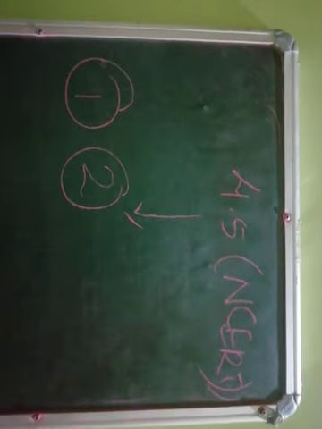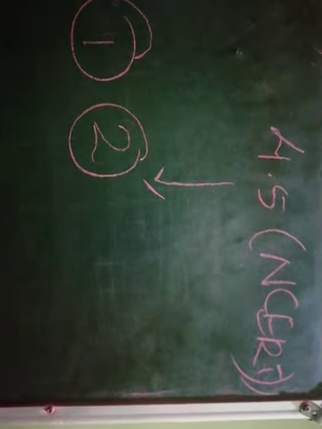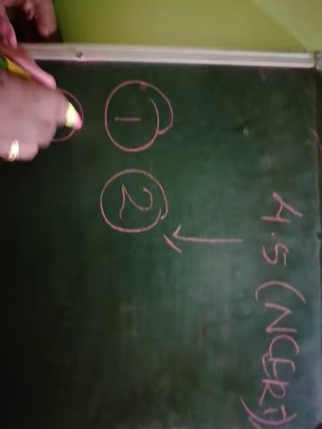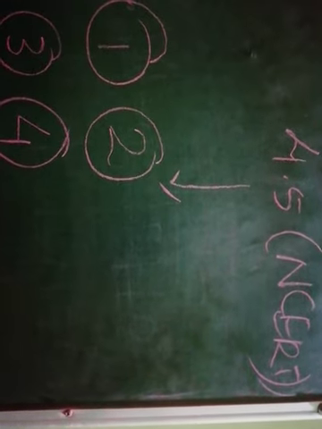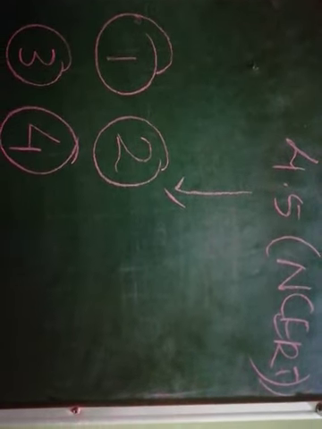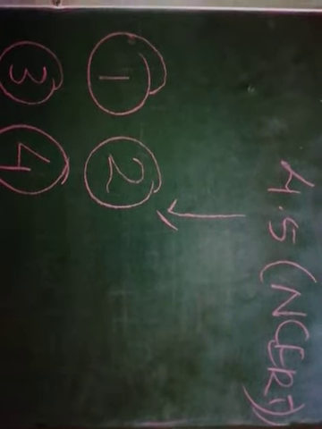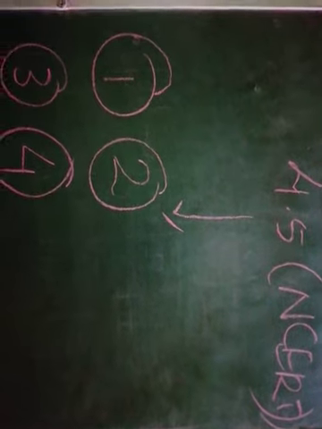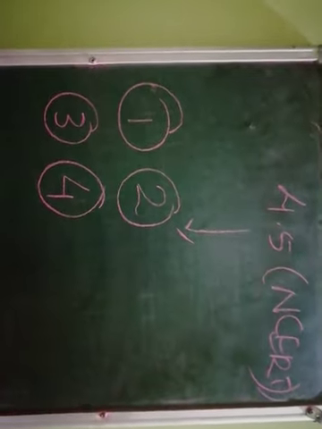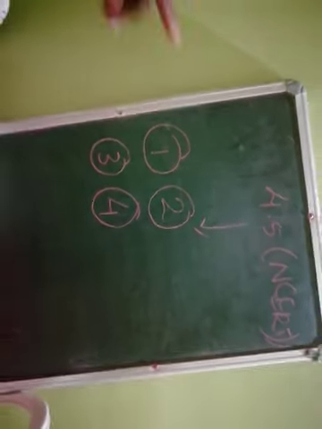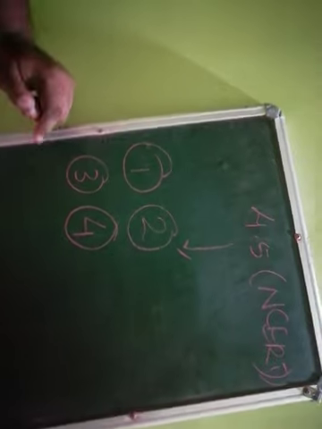These two questions are based on finding the adjoint. Then 3, 4 also you can do. They are based upon the verification that A multiplied by adjoint of A, or adjoint of A multiplied by A, is determinant of A into I. In this you have to find the left hand side and right hand side, and they should be equal. So these 4 questions you can do very easily.